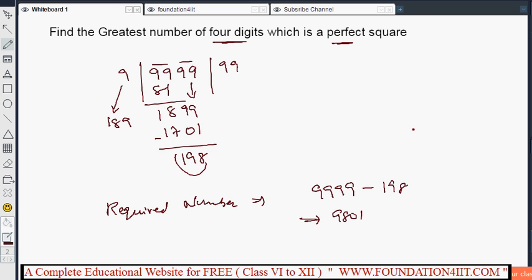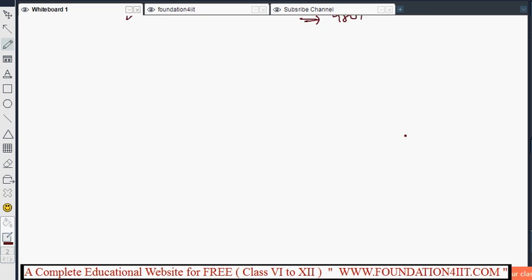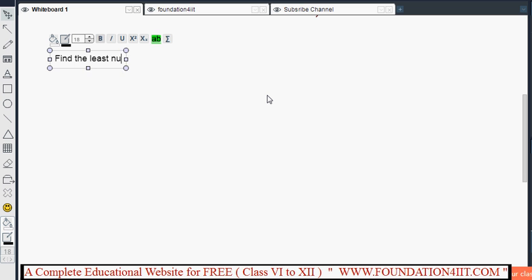Okay, similarly we'll get questions to find the least number also. Least number of 6 digits, 4 digits, like that. I'll write one last question here. Find the least number of 6 digits which is a perfect square.